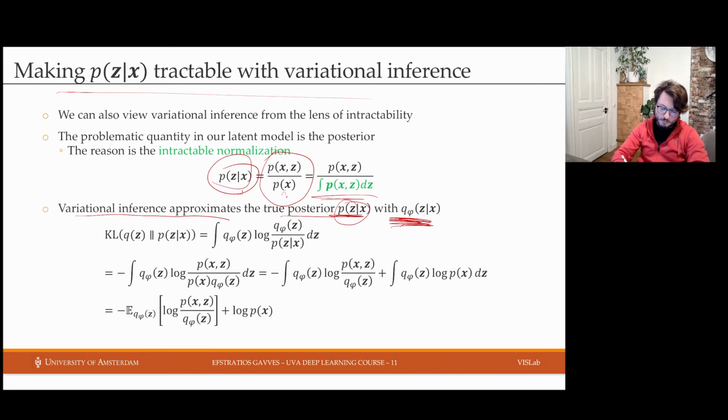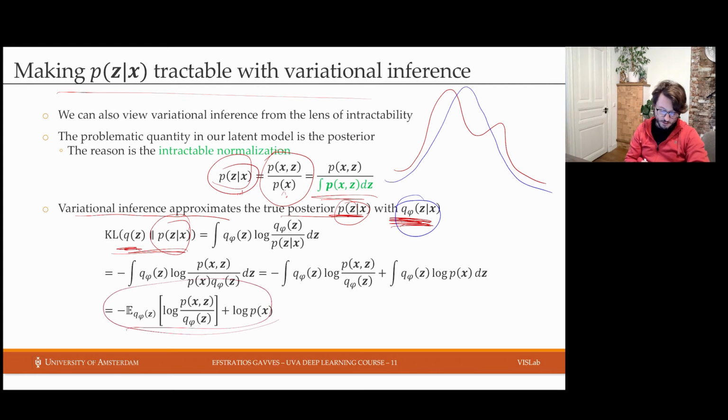So let's say my probability density function is like that, then with variational inference I'm usually using a simpler distribution, so q phi, representing simpler families of distributions like Gaussians, and then I'm trying to find the Gaussian that fits my true posterior in the best way possible.